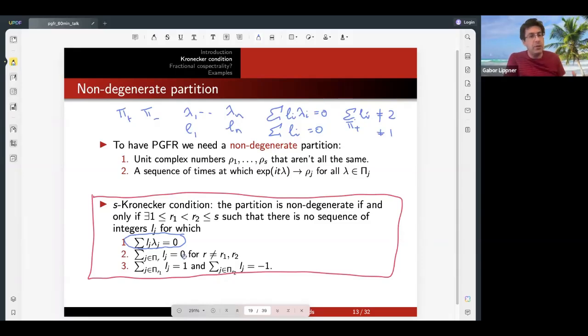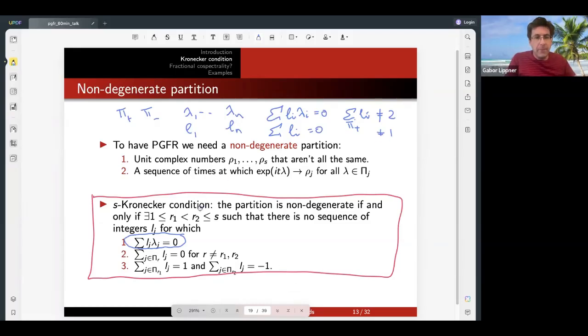I cannot prescribe which parts will not have a 0 sum. I just need to find two parts, and outside of those two parts, we want it to be 0. But in those two parts, we don't want it to be plus and minus 1. Right? This is a generalization of the two-part condition. It's just written in a weird way, because in the two-part condition, if the sum is 0 and the sum in one part is 1, then the other part is -1.